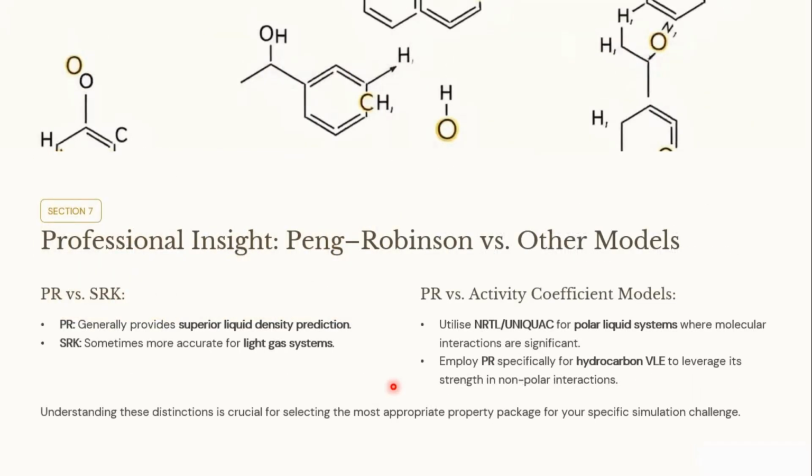If we talk about professional insights comparing Peng-Robinson versus other models, PR versus SRK, Peng-Robinson versus Soave-Redlich-Kwong, both belong to equations of state. Peng-Robinson generally provides superior liquid density predictions. SRK is sometimes more accurate for light gas systems. This is just an overview. Obviously, in our upcoming videos, we will have a much better description and comparison between these two.